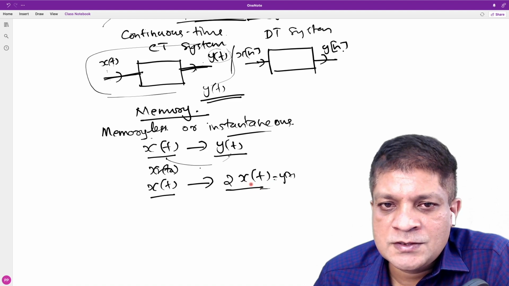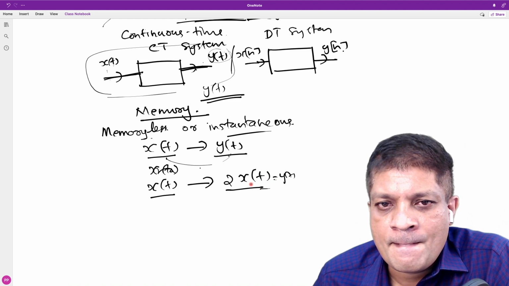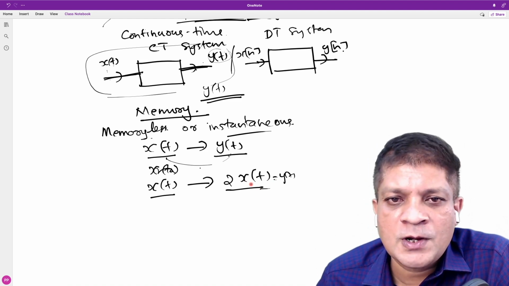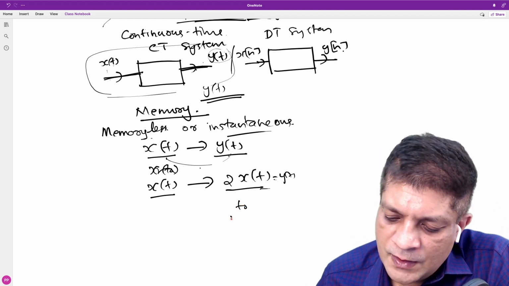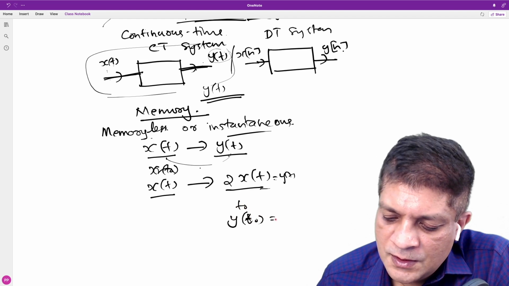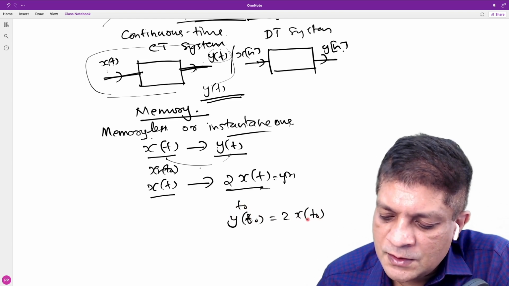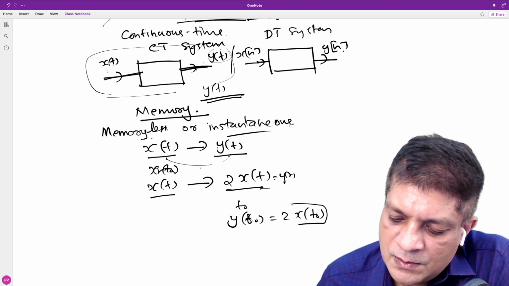Is it a memoryless system or a system with memory? If you consider any time instant, let's say t0, what is the output at that instant of time? y(t0) is 2 times x(t0), isn't it? It depends only on the input at that particular instant of time.